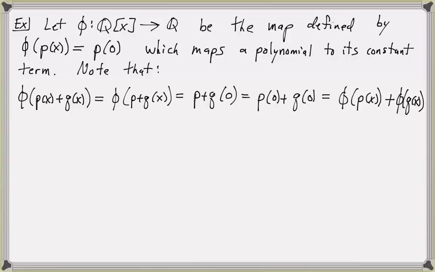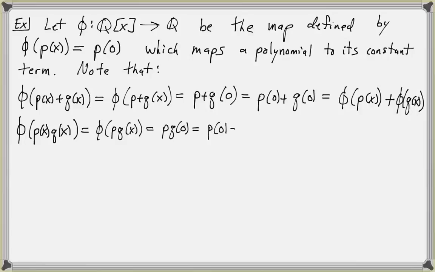And phi of p of x times q of x, similarly, can be written as phi of p times q of x, which would be mapped to p times q of 0, which equals p of 0 times q of 0, and that is phi of p of x times phi of q of x. So we see that phi is indeed a ring homomorphism.